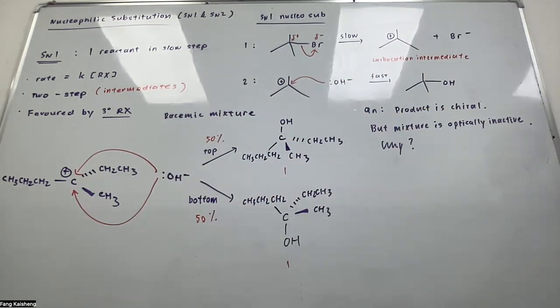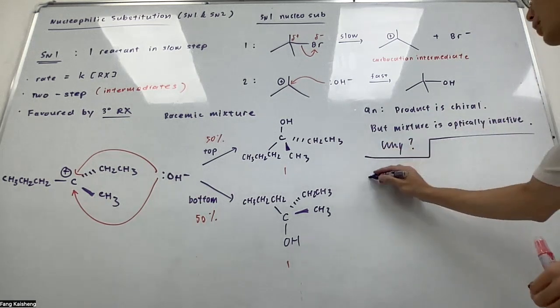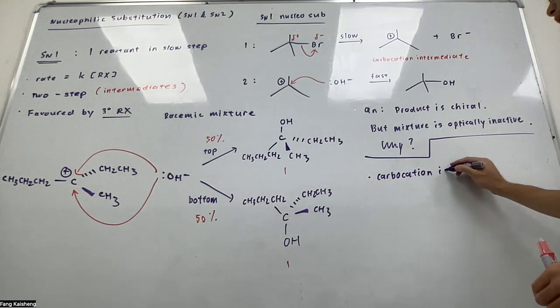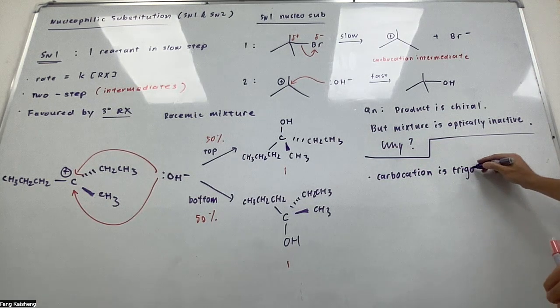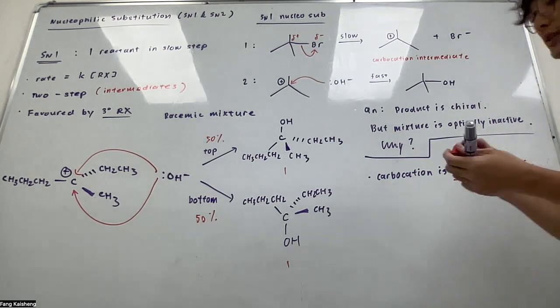How do you form a racemic mixture? It all starts from what? The carbon has what shape? The carbocation is trigonal planar. This is the first important point. Most importantly, if you don't tell me it's trigonal planar, then none of this can happen.